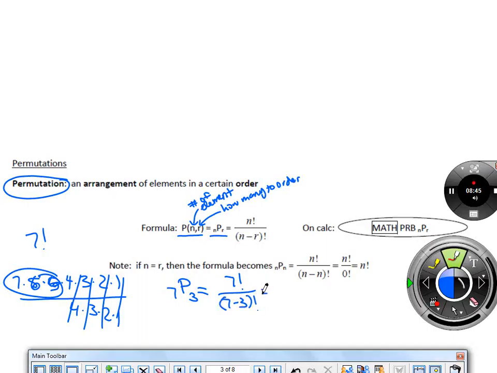Okay. 7 minus 3 is 4, so it's like 7 factorial over 4 factorial. 7 factorial means this. And 4 factorial means this. Notice it's basically taking your original idea of how to count things and crossing off the part that you're not trying to count the extra orders of. Okay?